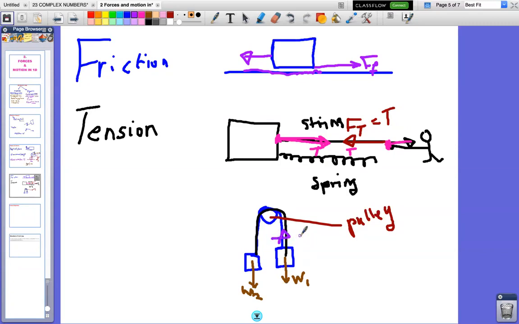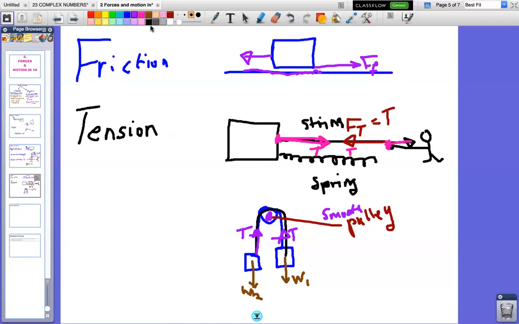There will be a tension up that way, call this T. If this pulley is smooth, it's not rough, then this tension will also have another tension here in that direction, exactly the same. So this is in agreement with this principle. I said tension acts in both directions on the string. This one acts towards the center, that also acts towards the center on both sides of the string. All right.